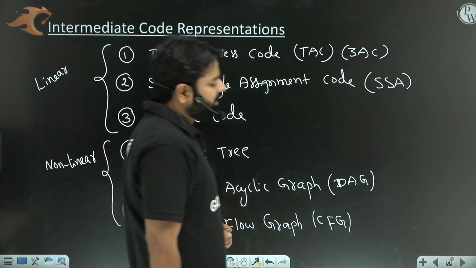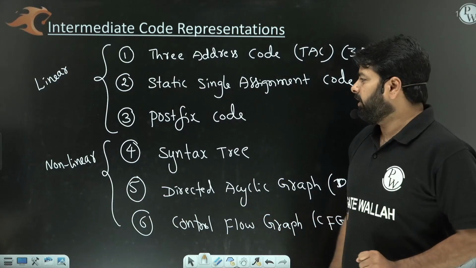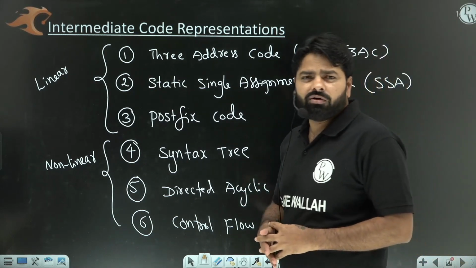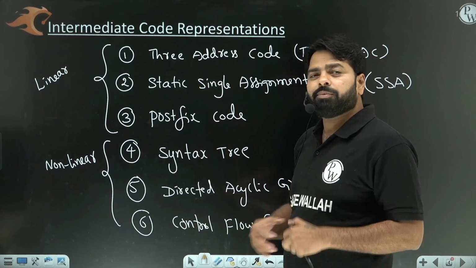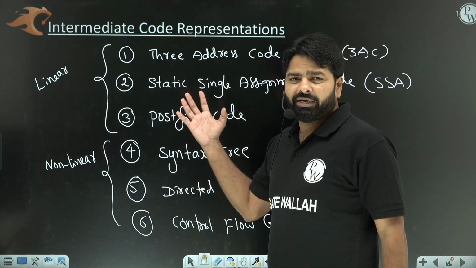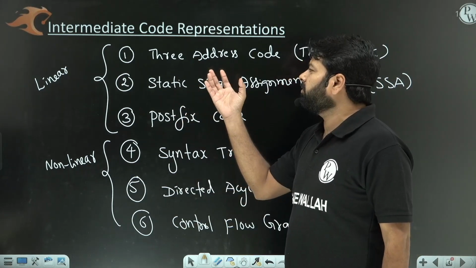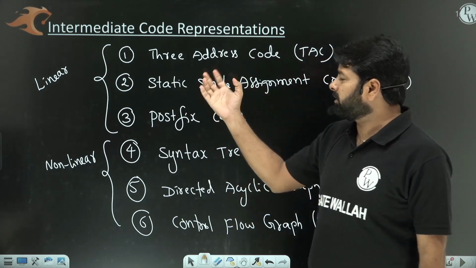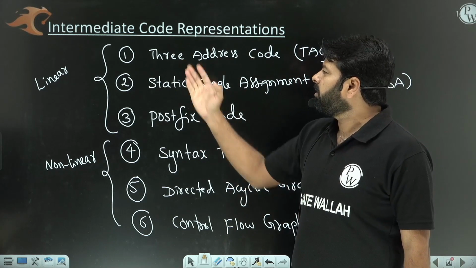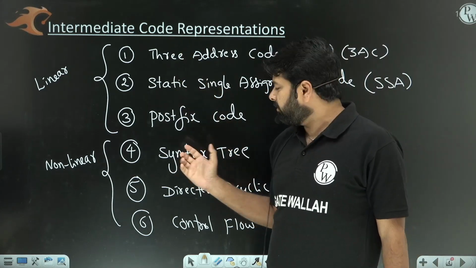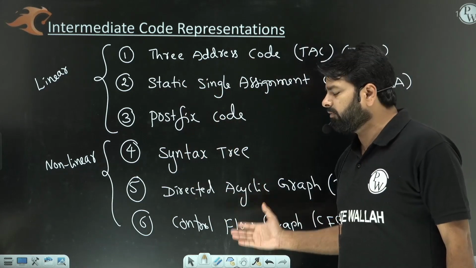Let's start with 3-address code. And if you want to produce intermediate code, your system or your translator has to understand any of these and produce according to your requirement. So some systems may take intermediate code as 3-address code, or SSA code, or postfix, maybe graphs, syntax tree, directed acyclic graph, or control flow graph.